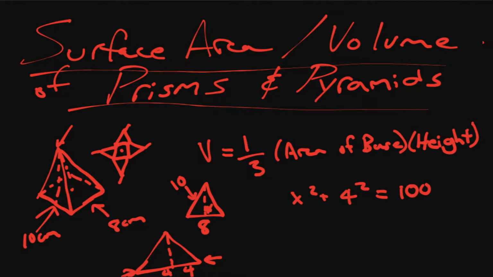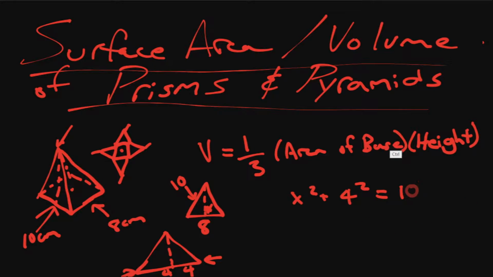I'm getting old. So x squared equals 100 minus 16, so x is the square root of 84, which is about 9.2-ish. So we have 9.2 as the height.